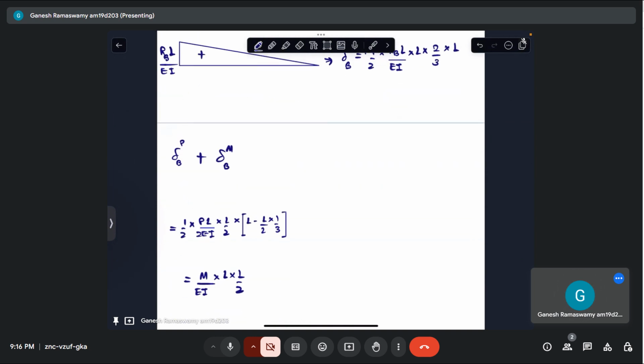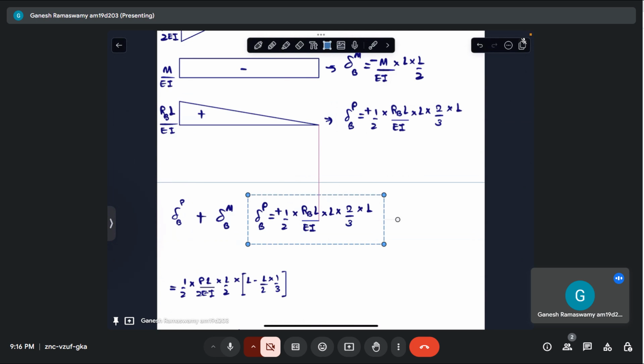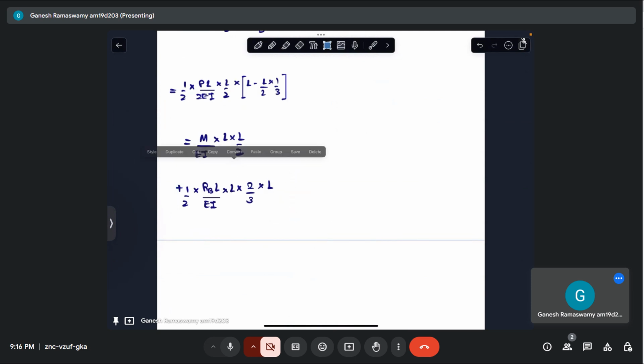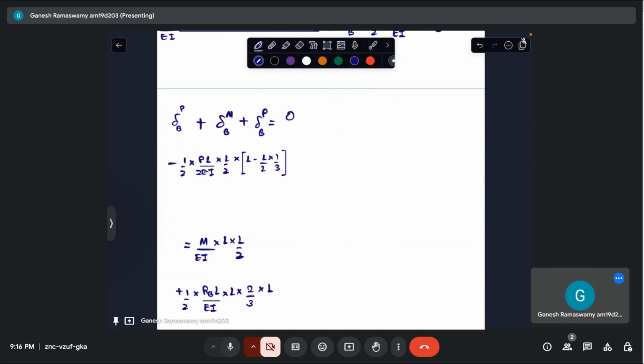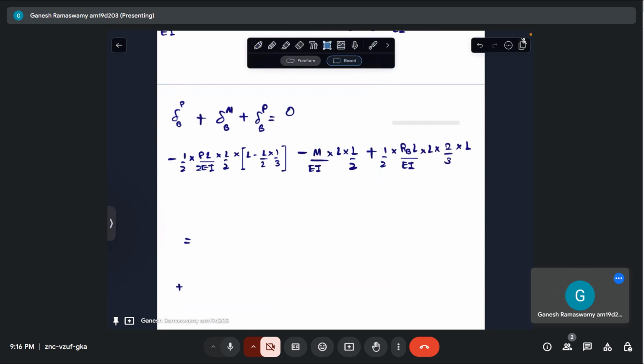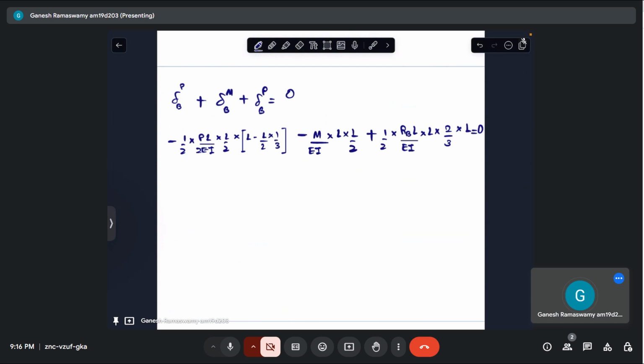I hope that is clear, because the nature of deflection of one case is opposing the other, and this is equal to 0, which means I have minus of this quantity plus this quantity equaling 0.